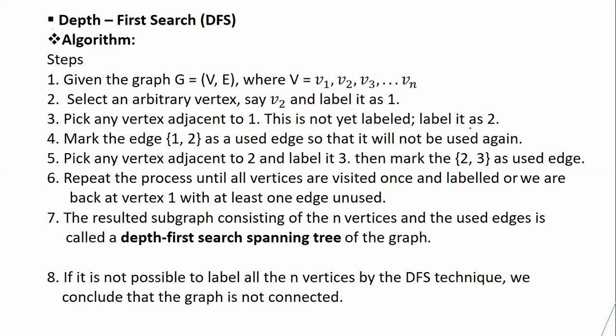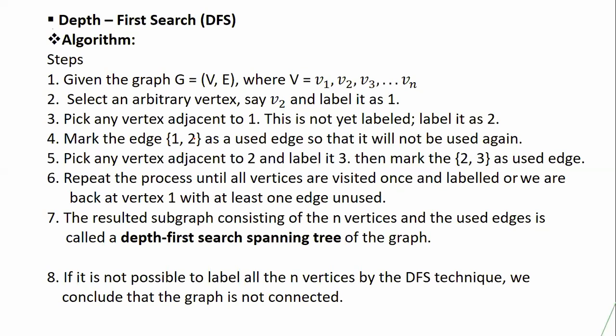Okay? So now having gotten the edge 1, 2, we are now on 2. Take any adjacent vertex to this vertex 2 and go to that vertex also. Then you number it 3. Then you mark the edge that connects 2 to 3 also as used.